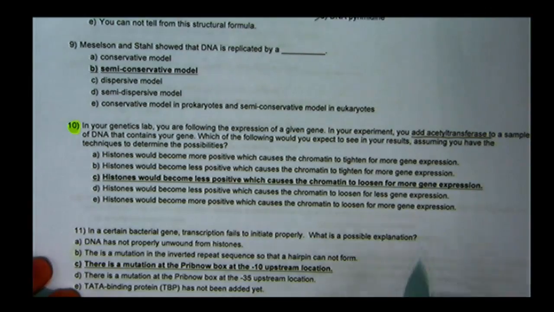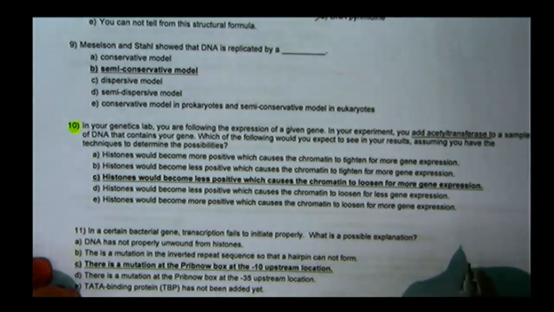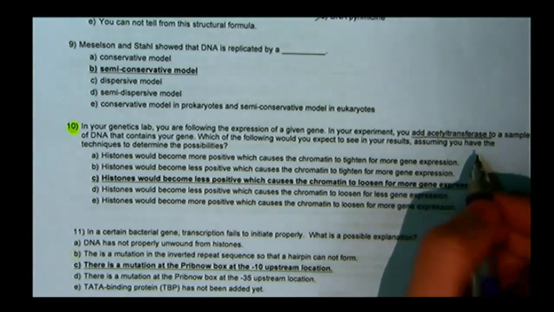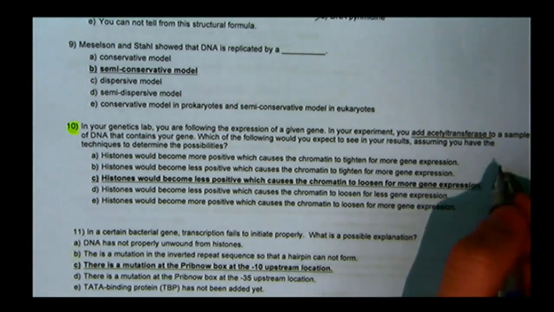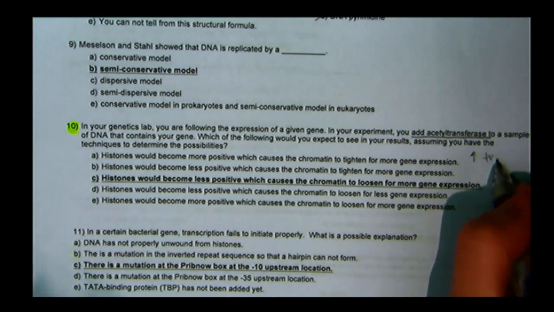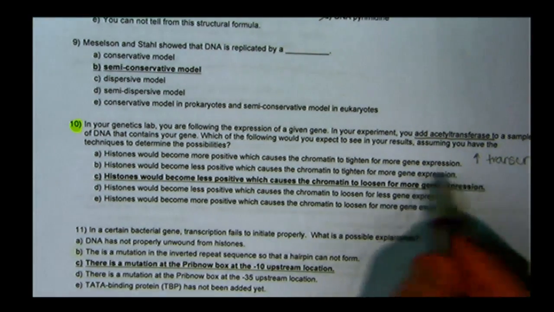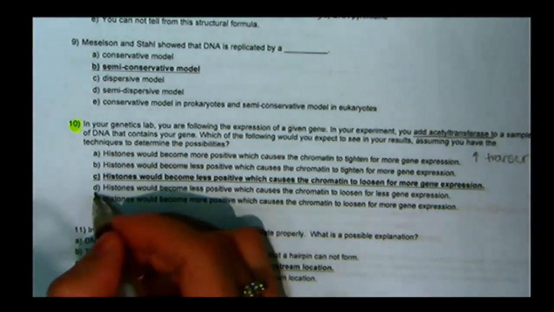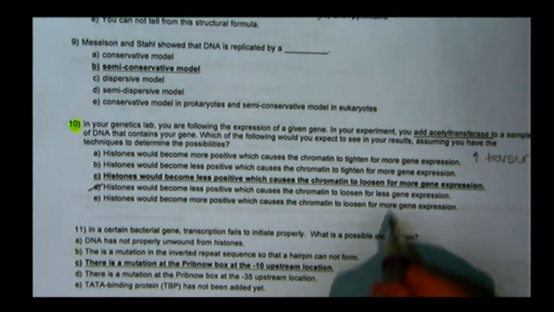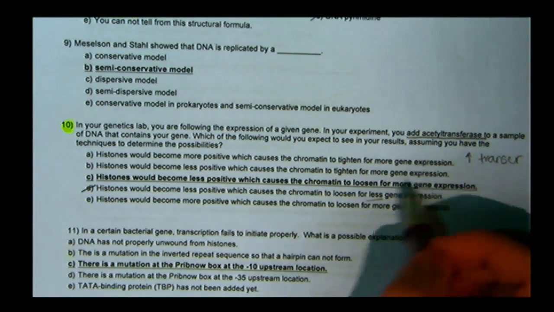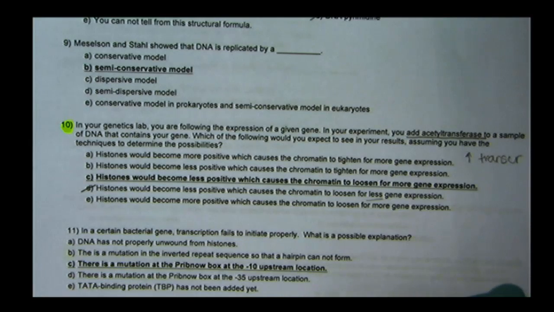And then it is increasing transcription or increasing gene expression because it is making histones less positive. Remember, histones are what DNA wraps around, so if that interaction is weaker, that DNA is going to be wrapped around looser, so enzymes can come in, transcribe. So we want histones to become less positive, so not this one, and not this one, and they become less positive, causing the chromatin to loosen, not tighten. The answer here would be C.